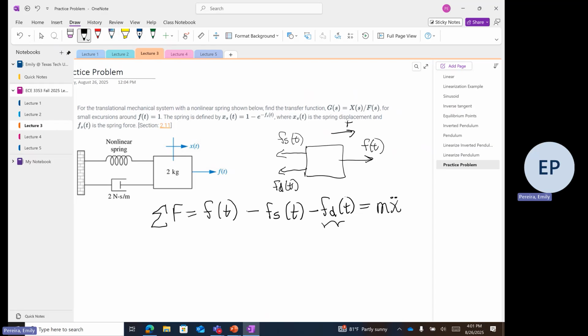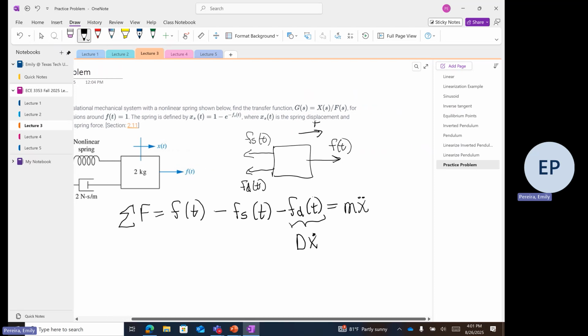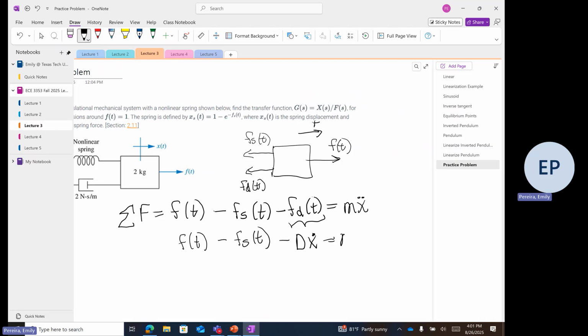Okay, so we know this. This is equal to the damping coefficient times the first derivative of the position. So this is f of t, our input, minus f of s minus dx dot is equal to mx double dot.